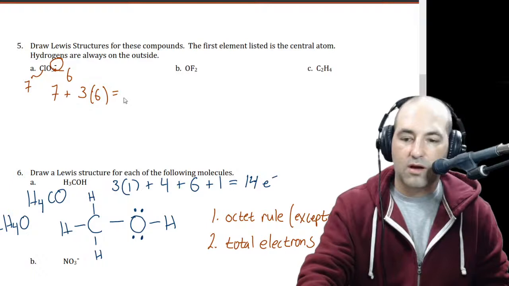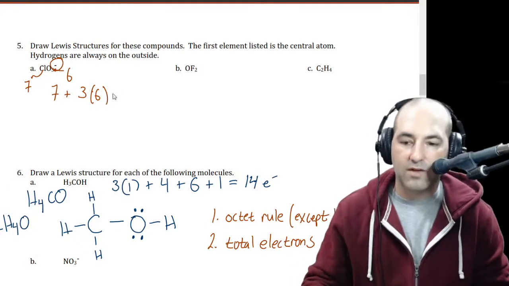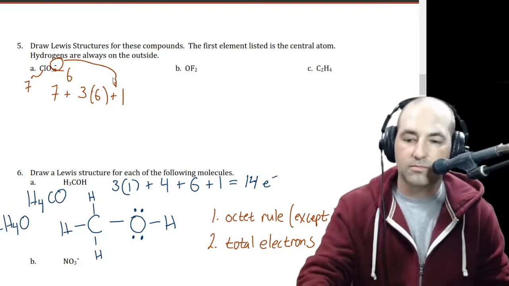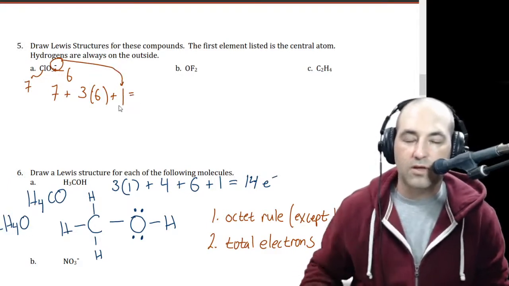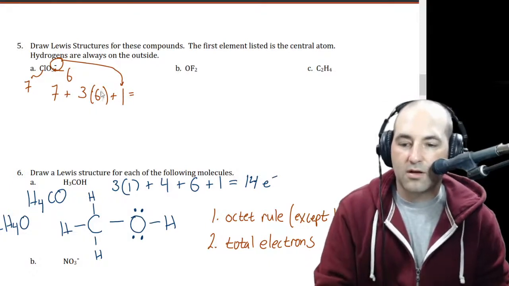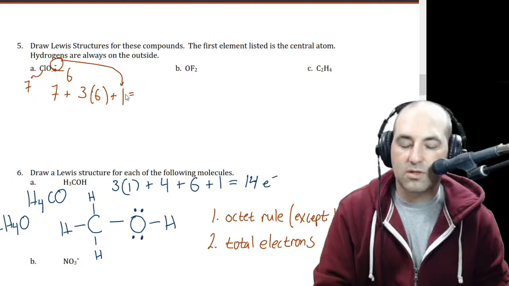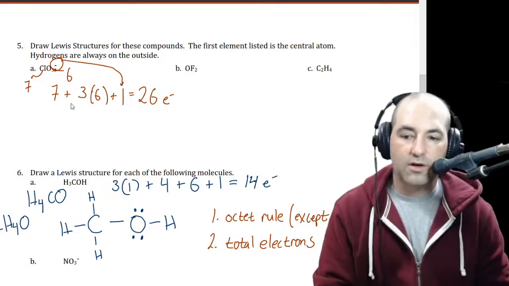And then we have to remember to add the extra one for the -1 charge. So that gives us 18 plus 7 is 25, plus 1 is 26. So we have 26 valence electrons total to deal with in our structure.